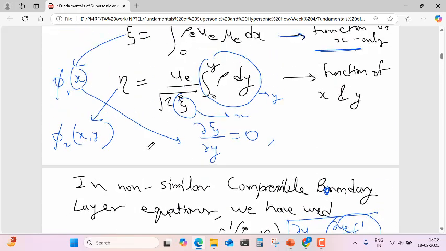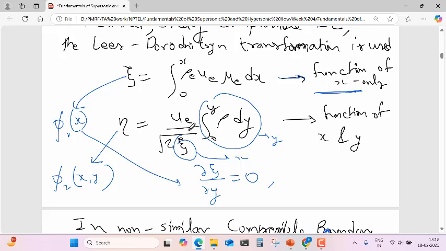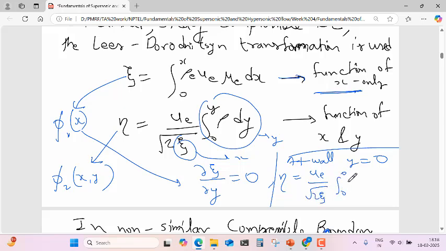You can see from here also, this eta is given by ue upon under 2 xi, integration 0 to y of rho dy. So at wall y will be 0, so eta will be ue upon under 2 xi integration 0 to 0 of rho dy.